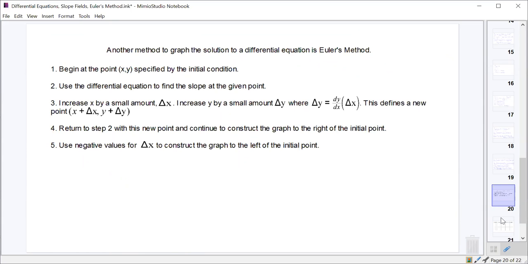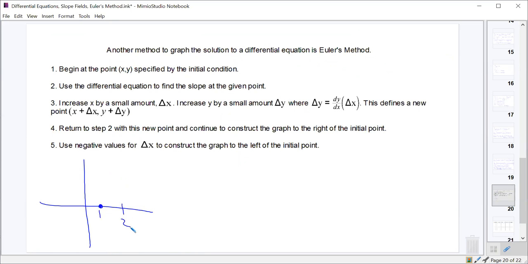And it's going to use the idea of linearization. With linearization, we take the tangent line and use that to make a good approximation on a small interval. So let's suppose we know this value right here for our function, and that's 1.